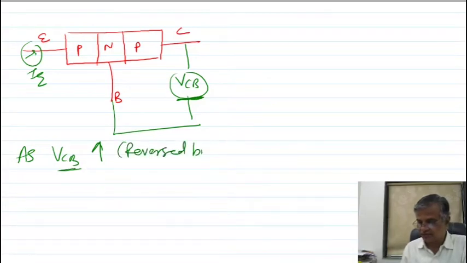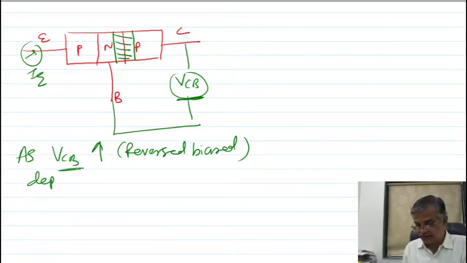As VCB increases, the depletion layer at the collector base junction increases.